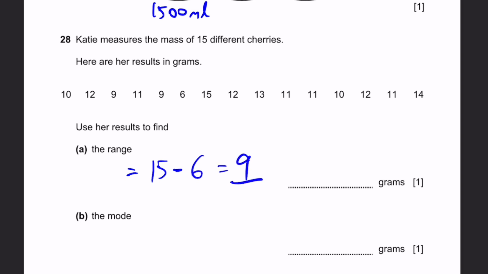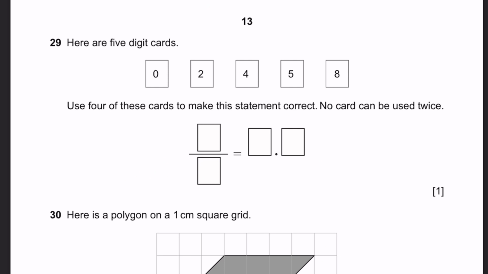So 15 minus 6, which is 9 grams. And for B, the mode, that will be the number which is repeated the most number of times. We can see that 11 is repeated 4 times, and that is the maximum repeat in the full results. So the mode is 11 grams. That's the answer.